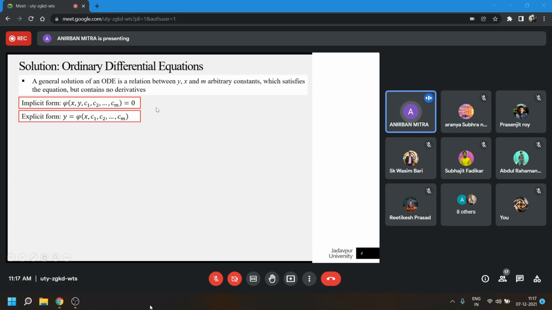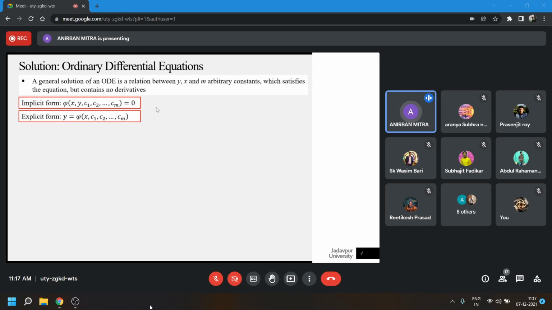As I was saying, an ordinary differential equation can have solutions in two kinds of forms. It can either be an implicit form, where you can see phi of x, y, c1 going up to cm, where phi is a function, of course, is equal to 0. So the right hand side is equal to 0.